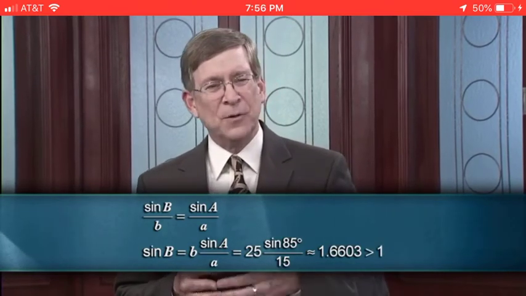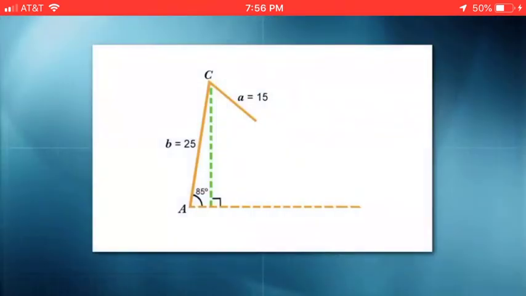Uh-oh, that's bigger than 1. There is no angle B such that the sine is bigger than 1. No such triangle exists. Isn't that an interesting case? So you can't just arbitrarily throw down some numbers and expect to get a triangle. There's no triangle with these dimensions.